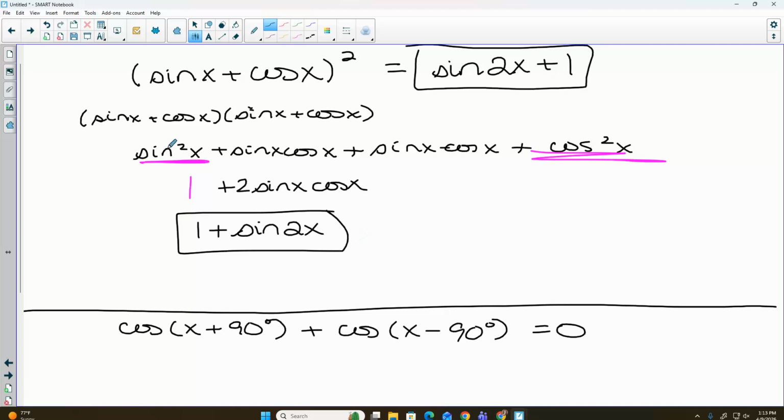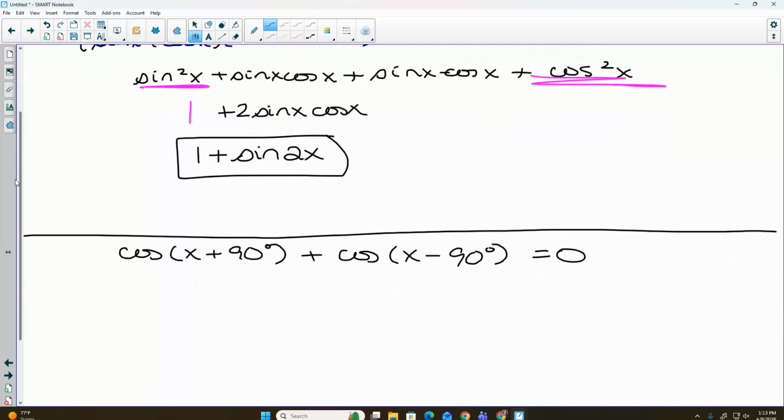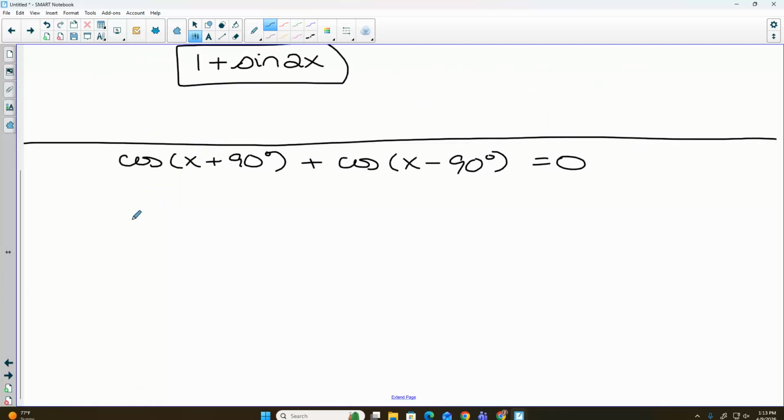All right, probably the last one we'll get through today. What would you do here? We have cosine of a plus b. So I go to our formula sheet.